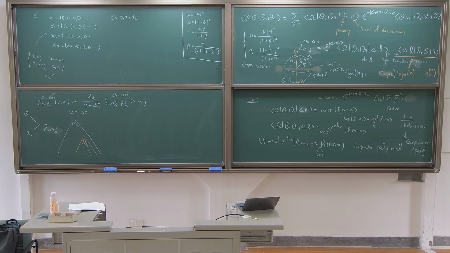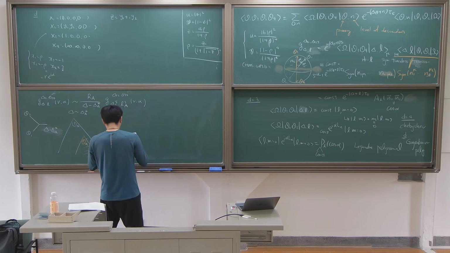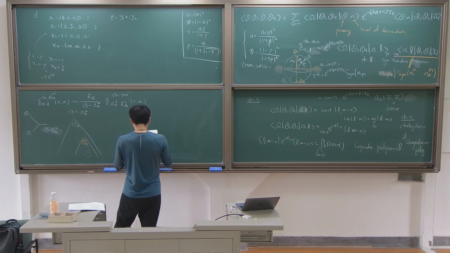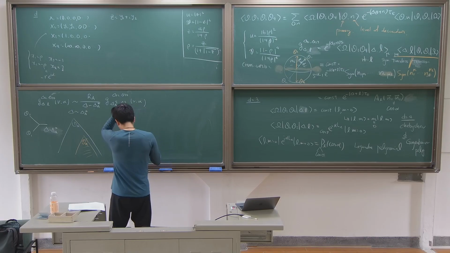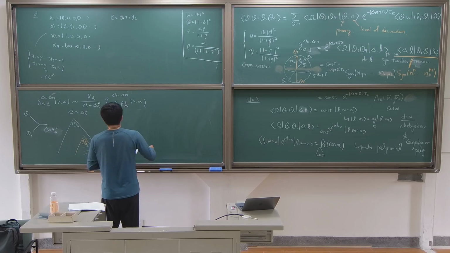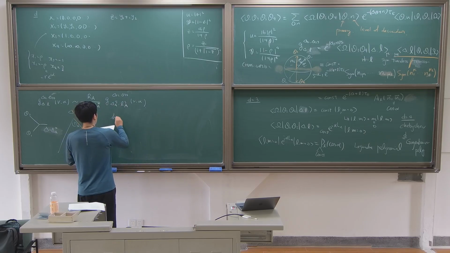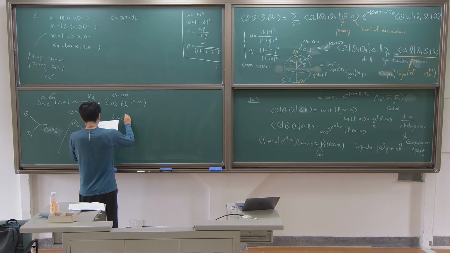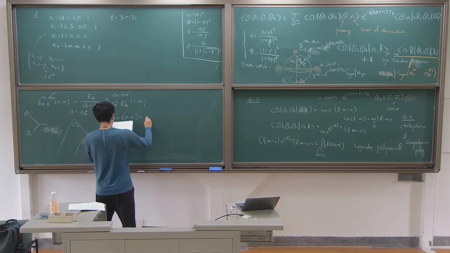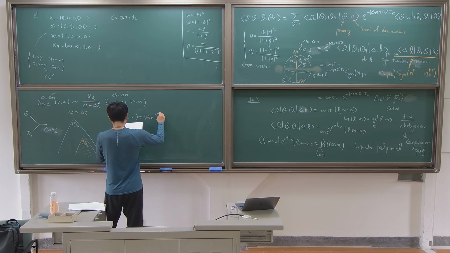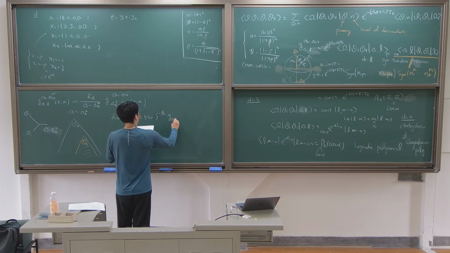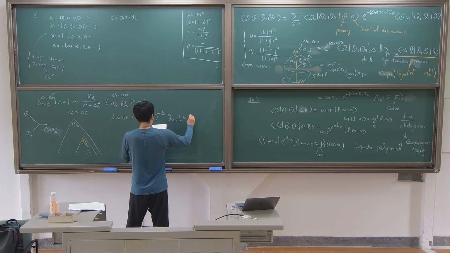And in fact, if you write down H, you factor out R to the minus delta from G of delta, l, R, alpha.